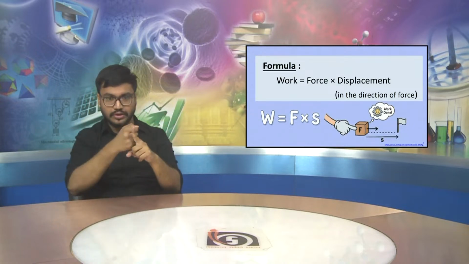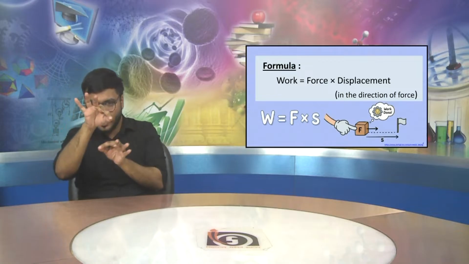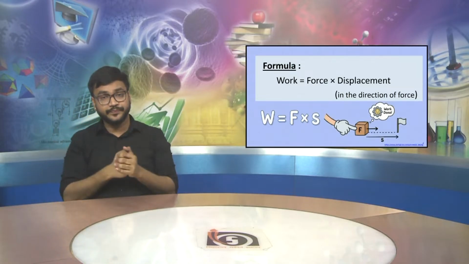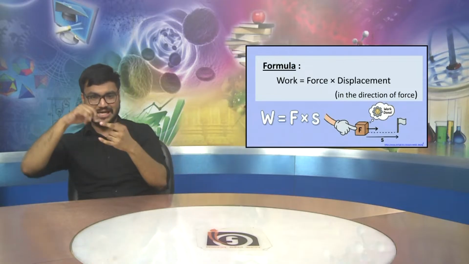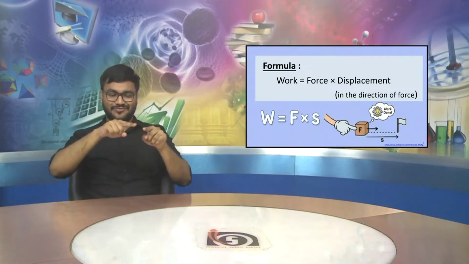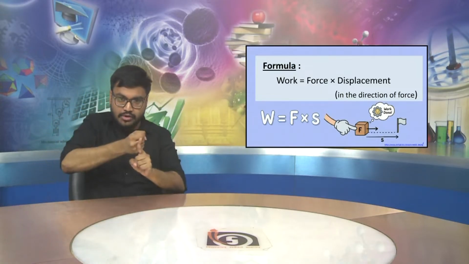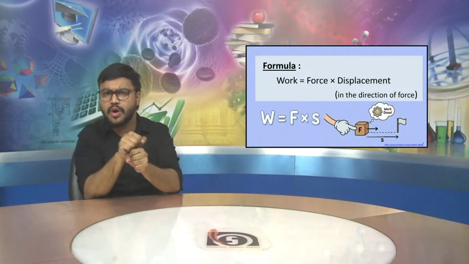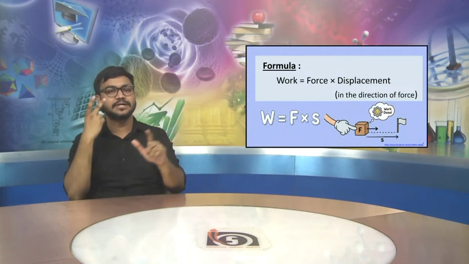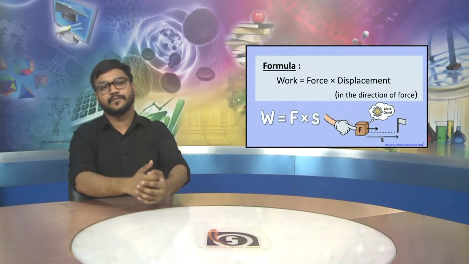And the work's formula is force into displacement. Displacement here means in the direction of force. In short, we can write it down as W equals F into S. S denotes displacement here.